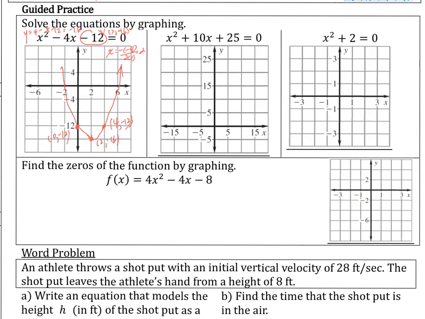Okay, as you can see, your parabola crosses the x-axis at x equals negative 2 and 6, and they should be your solutions, and you could factor to double check.